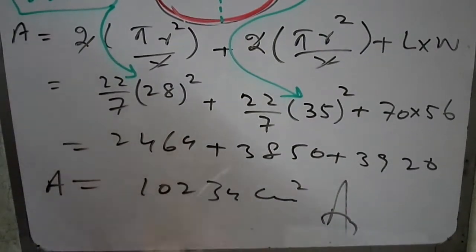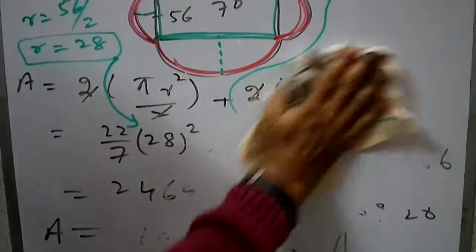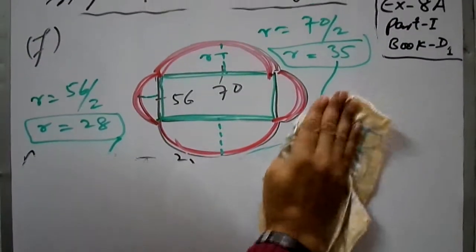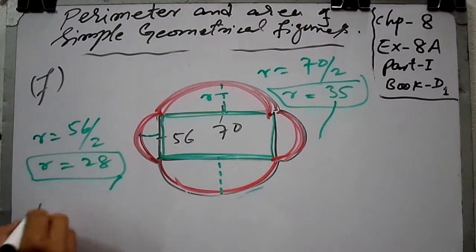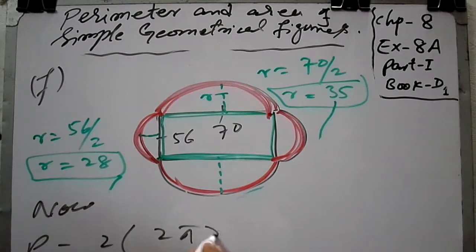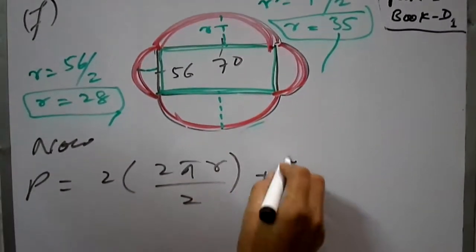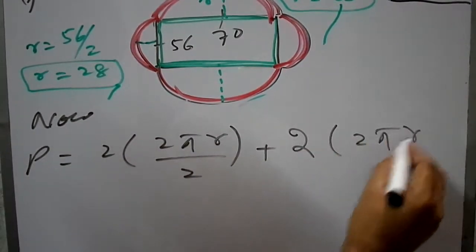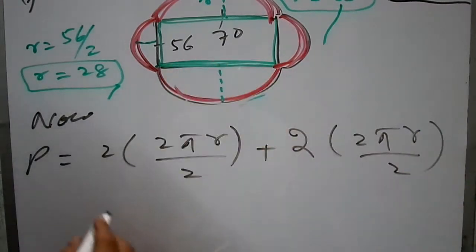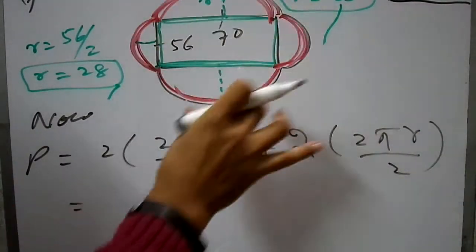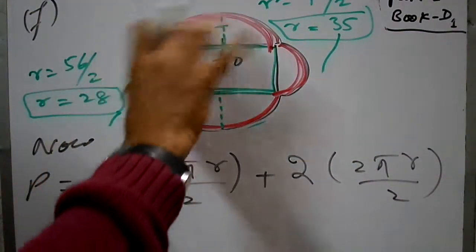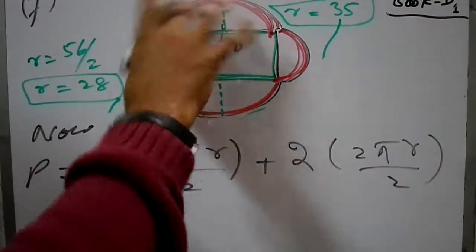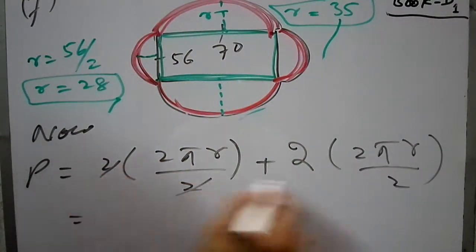Similarly, for the perimeter of the same figure, the perimeter is equal to 2 into 2 pi r by 2 plus 2 pi r by 2. The perimeter is like this because you have 4 semicircles, 2 small and 2 bigger, and the circumference of a circle has a formula, so 2 will be cancelled.